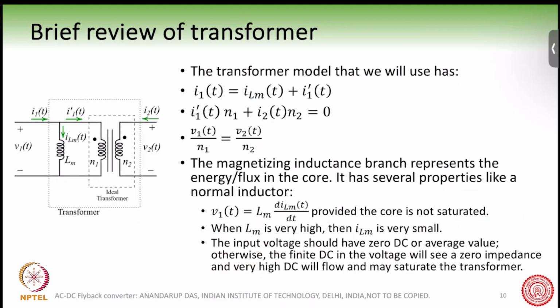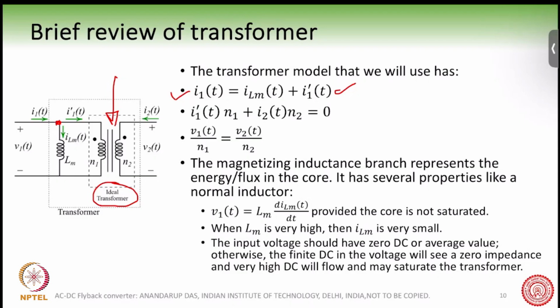If we take this model, what are the governing equations? If you apply KCL at this point, we have the equation I1 is equal to ILM plus I1 dash. This part of the transformer represented here is the ideal transformer.